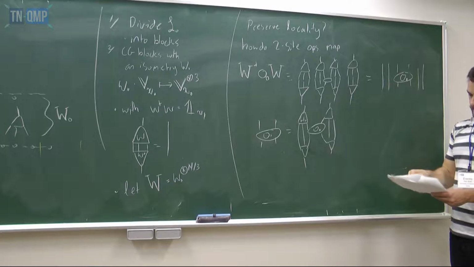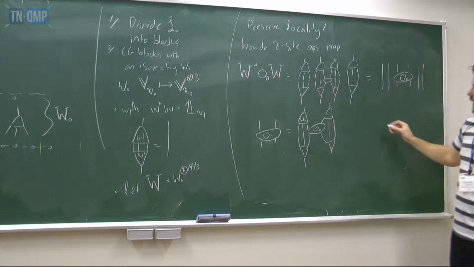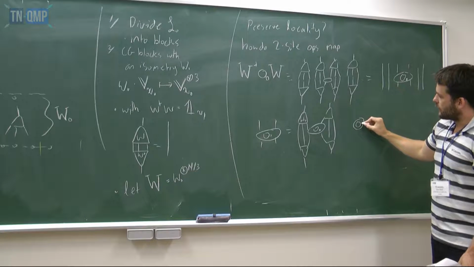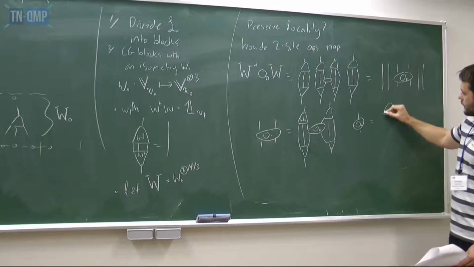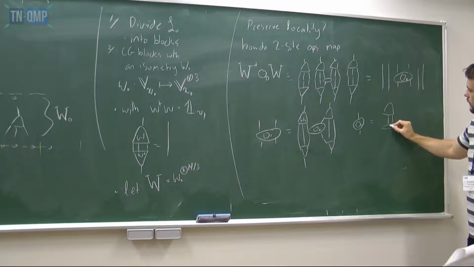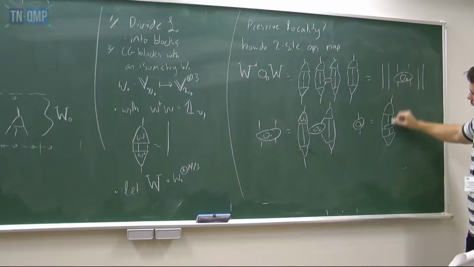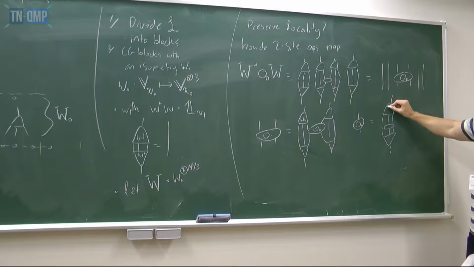So sometimes O1 could be a one-site operator if it sits, for instance, directly under one of these isometries.